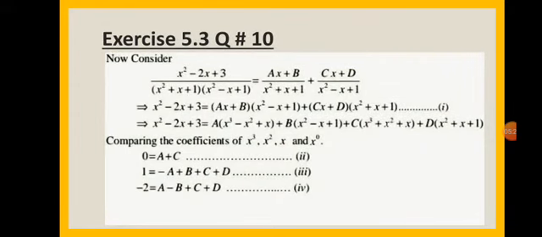we know in denominator we have two quadratic factors that cannot be made into linear, so we will use ax plus b and cx plus d to make partial fractions of these expressions. We know the first step is to multiply both sides by the denominator, and I did it. So x square minus 2x plus 3 is equal to ax plus b into x square minus x plus 1.